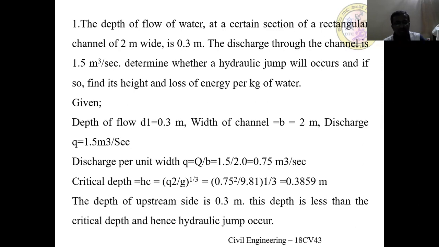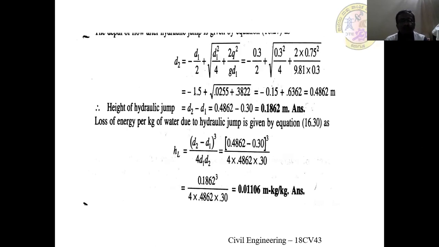The depth on the upstream side is 0.3, which is less than the critical depth, hence a hydraulic jump occurs. Usually, first you find out whether a hydraulic jump occurs or not, and then you go for the next things. Once you decide a hydraulic jump occurs on the basis of Y1, Yc, Y2 or F1 and F2, next we pass on to find the other parameters.